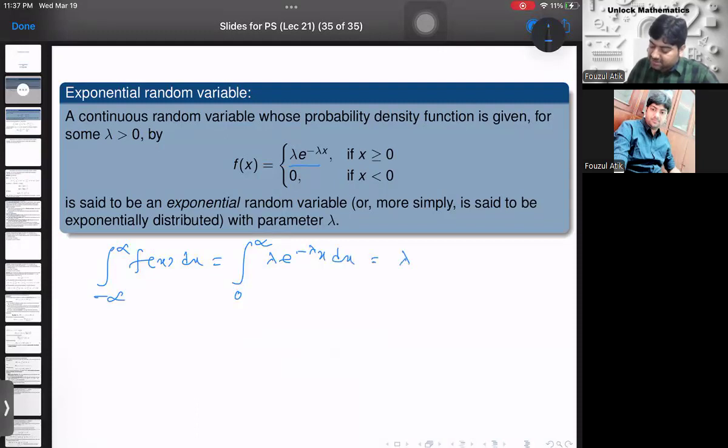If you do the integration, lambda can be taken out, so e to the power minus lambda x divided by minus lambda, with limits from 0 to infinity. If you put in the infinity limit, e to the power minus infinity gives you 0, minus e to the power 0 gives 1. So the minus 1 outside, times 0 minus 1, gives you 1. So it is verified that it is a probability density function.